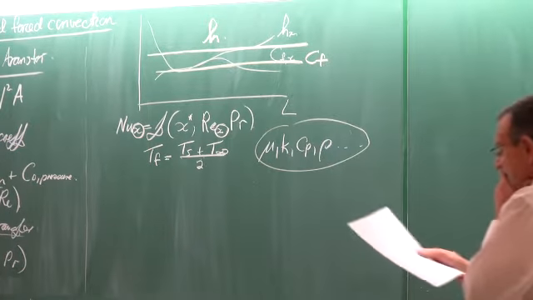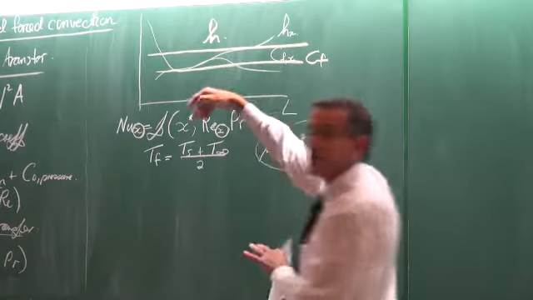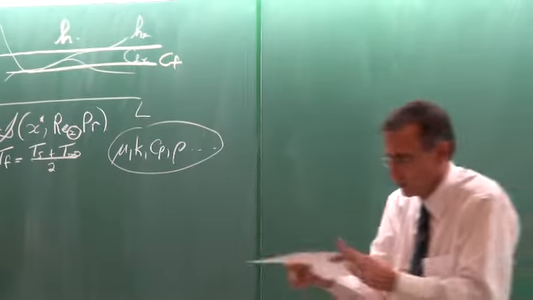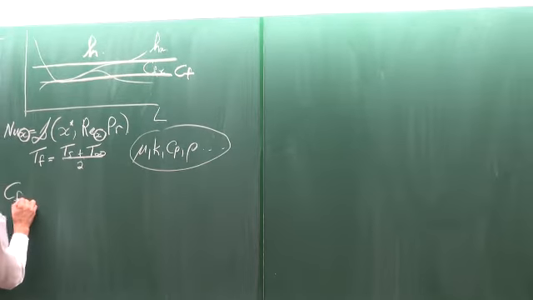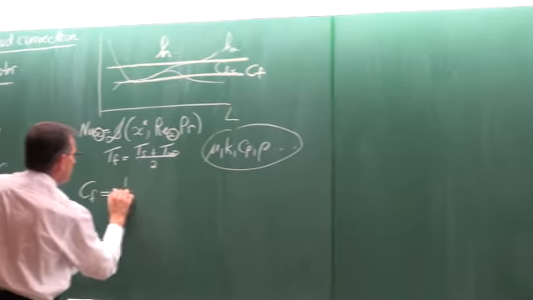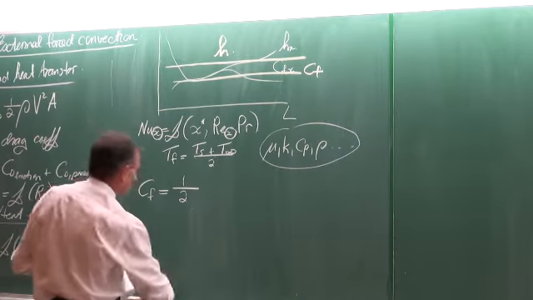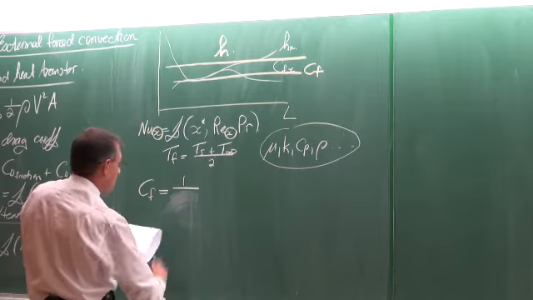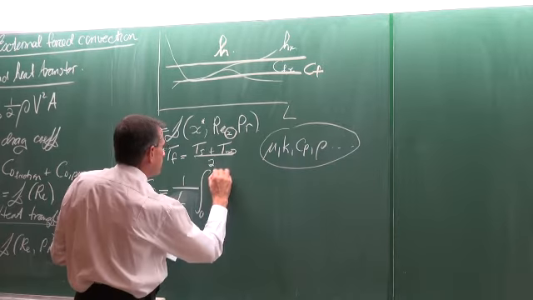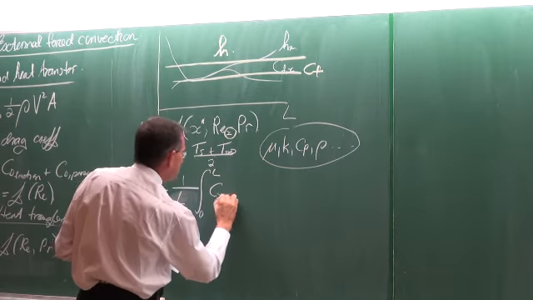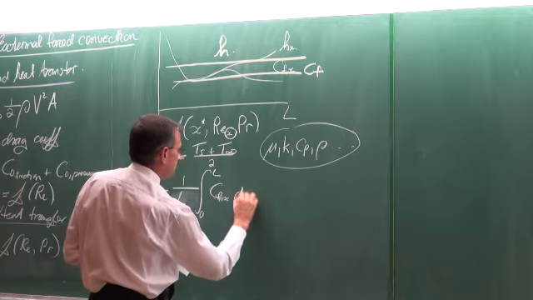Okay. Now, if we look at getting these averages, how do we get the average values? Well, the average values we need to get by integration. So if we want to get the average skin friction coefficient, then it is equal to 1 divided by L, integral from 0 to L of Cfx dx.